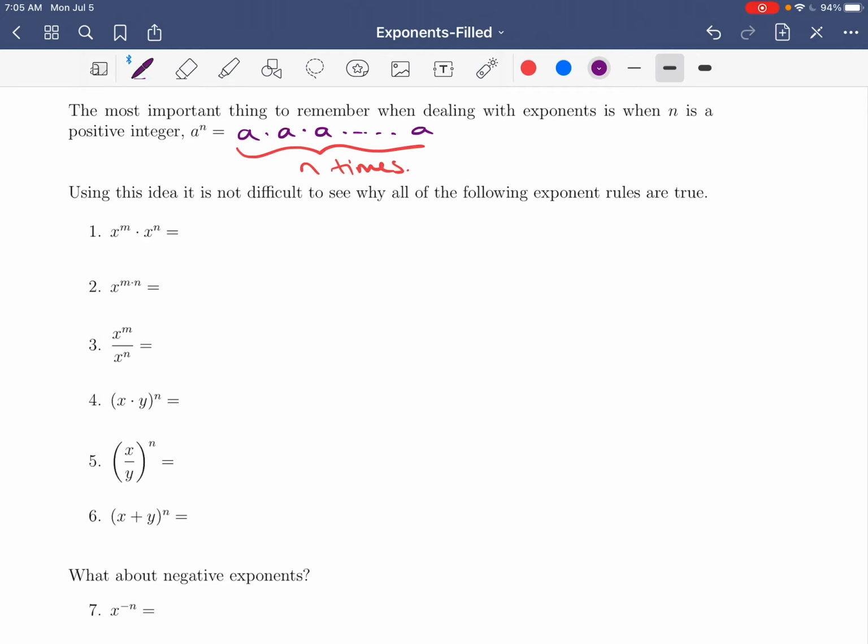So x to the m times x to the n. Notice that the base here is the same. So that's important. So I can rewrite this as x to the power m plus n. If I think about what's going on, this is x times x times x, m times.